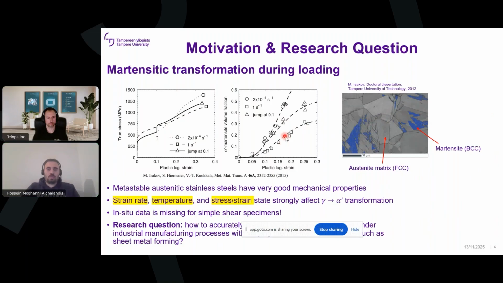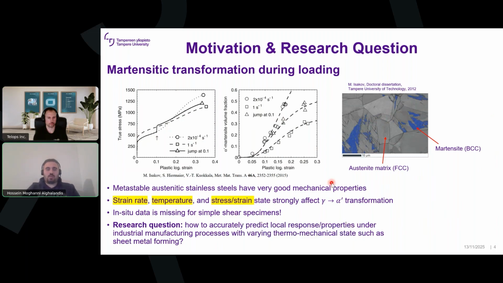And also, thanks to the IR cameras, we know this phenomenon is because of adiabatic heating and other parameters. We also wanted in situ data about simple shear because in the literature it was rare.